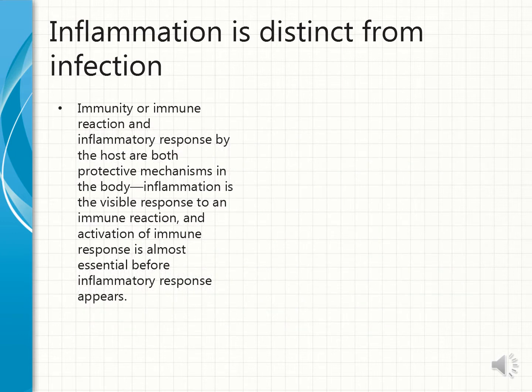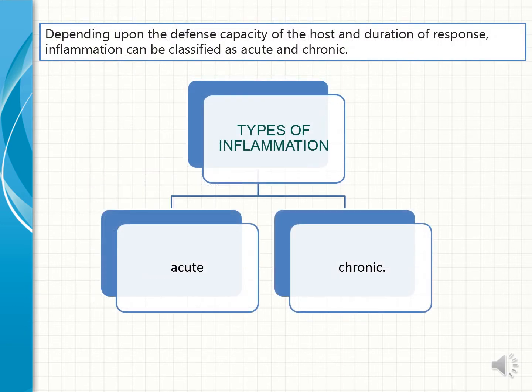Immunity or immune reaction and inflammatory response by the host are both protective mechanisms in the body. Inflammation is the visible response to an immune reaction, and activation of the immune response is almost essential before the inflammatory response appears.